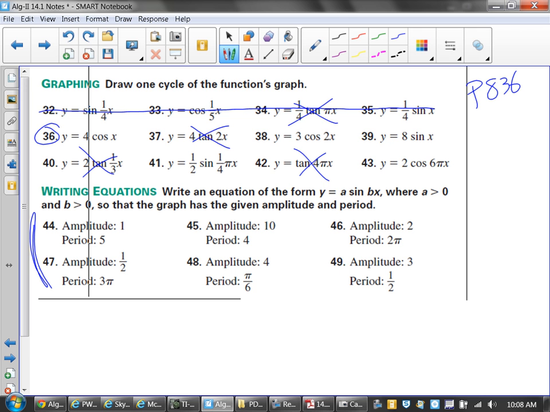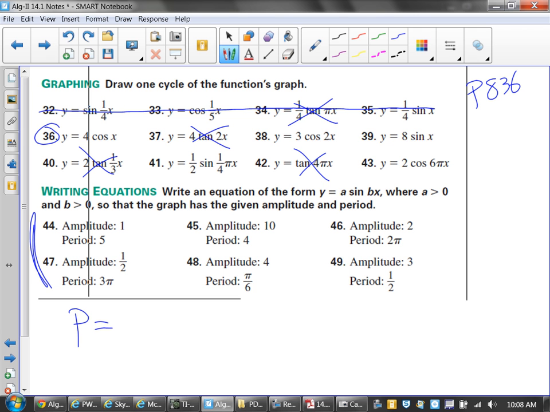The 44 through 49 portion is you're writing the equation, given the amplitude and the period, just for sine. You don't have to worry about cosine or tangent. You'll find that it's going to be relatively easy. Remember, amplitude is your a value.